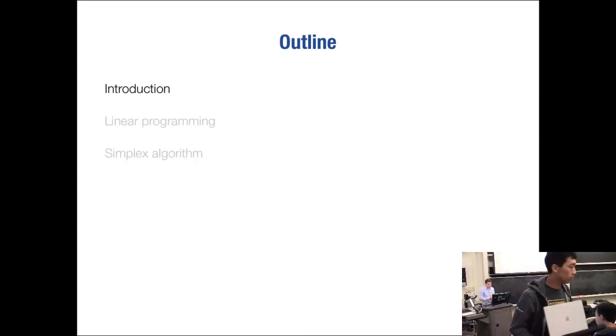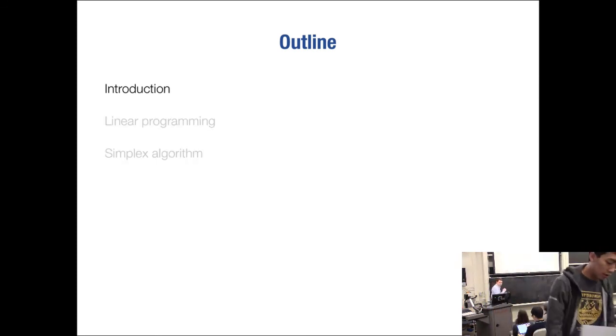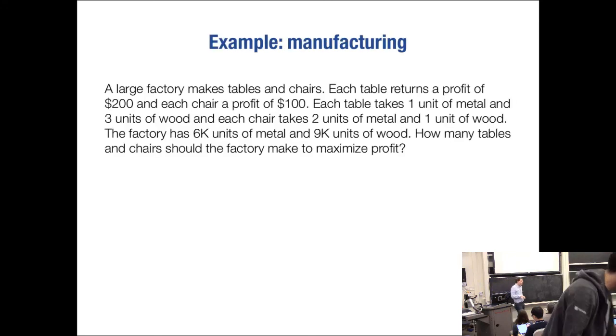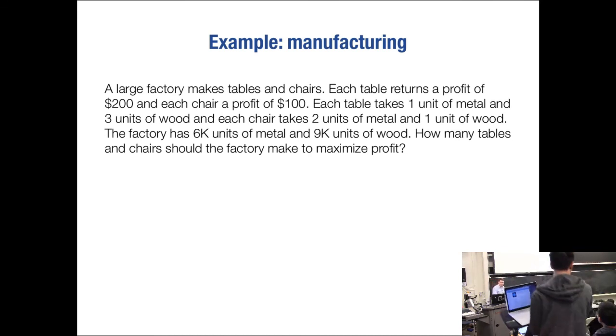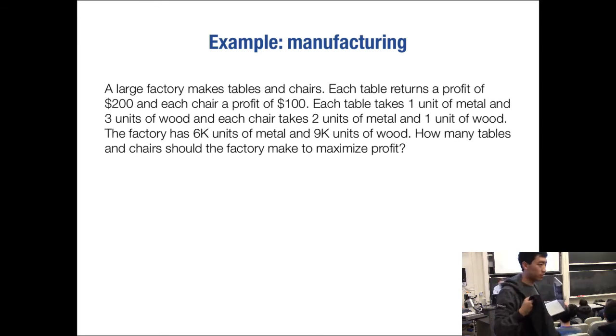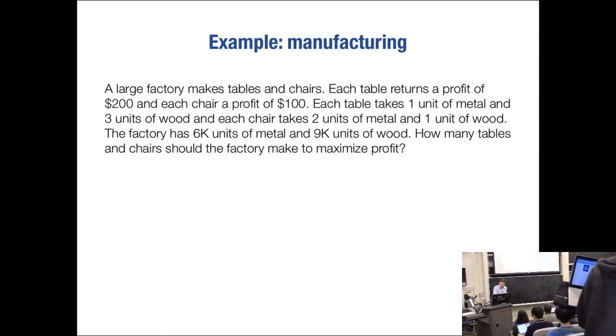Okay, so let me start off with a simple example. Say that you are operating a large manufacturing factory, and you make tables and chairs. Each table you sell for $200, and each chair you sell for $100. The tables take 1 unit of metal and 3 units of wood to make.